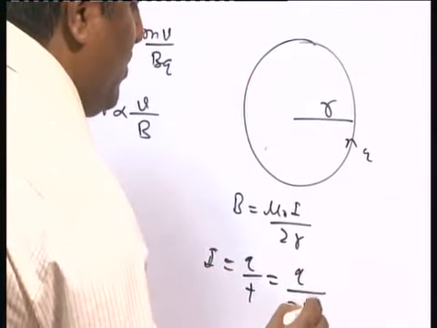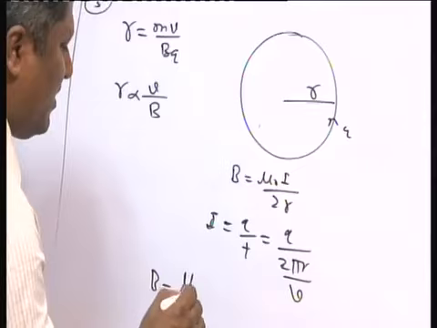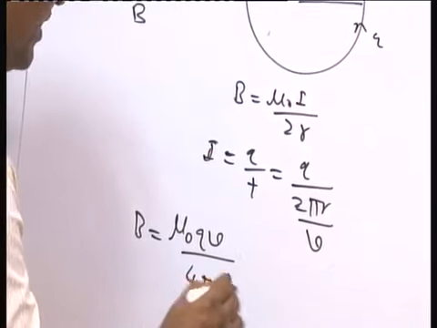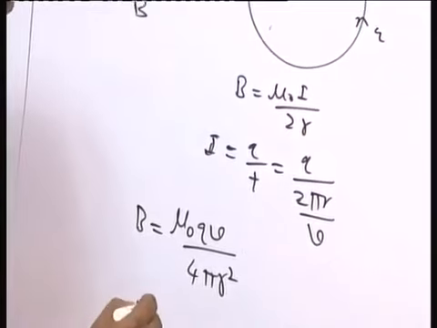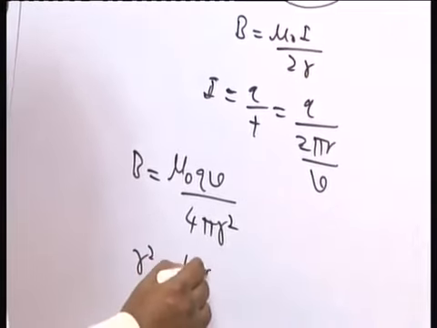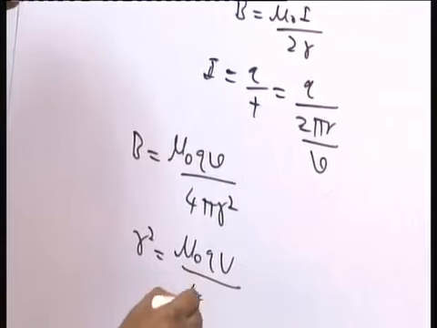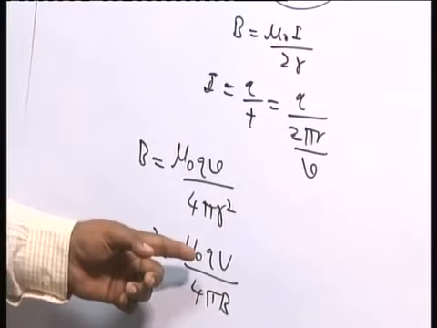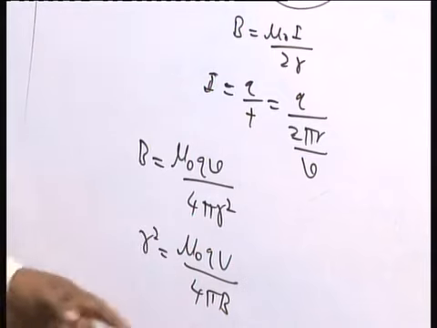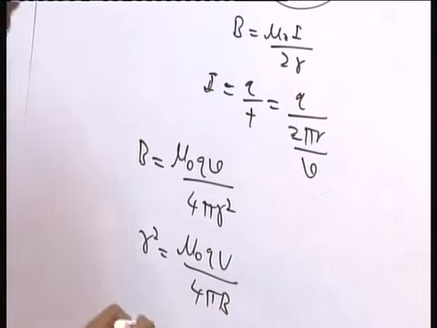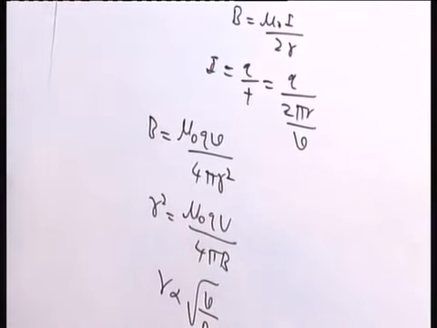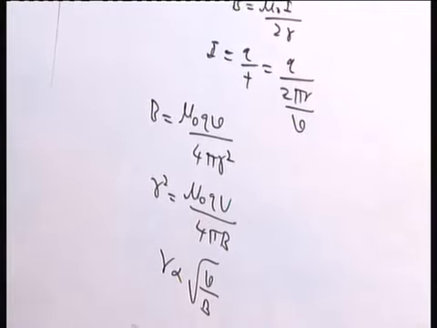Now if you substitute in this expression, B equals mu naught Q into V divided by 4 pi R square. Then R square equals mu naught QV divided by 4 pi B. You know that mu naught is constant, magnitude of the charge is constant, 4 pi is constant, therefore R is proportional to root of 1 by B. Hence we must take the fourth option.